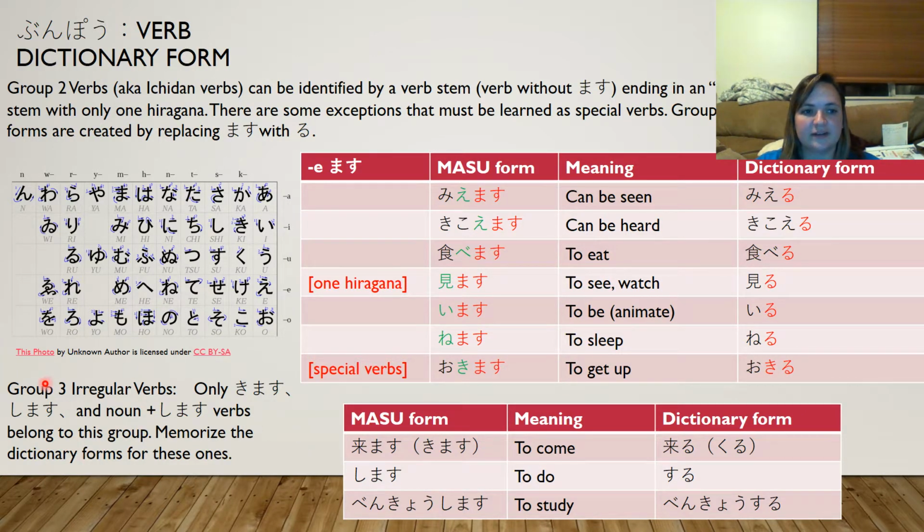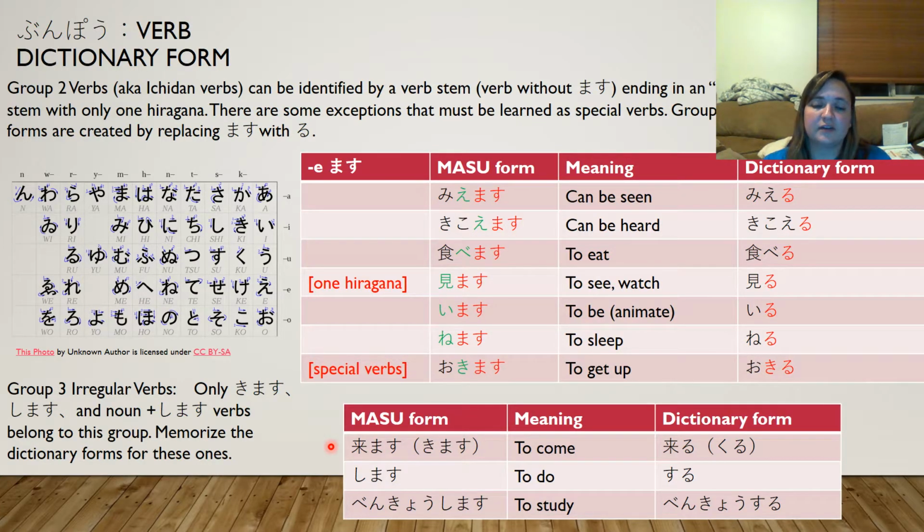Our last type is our irregular verbs. Remember, we have 3 main irregular verbs. When we use te form, ikimasu, to go, is kind of an irregular verb, but the only ones you really need to worry about for dictionary form are: kimasu, to come, is going to just turn into kuru. Shimasu will become suru.